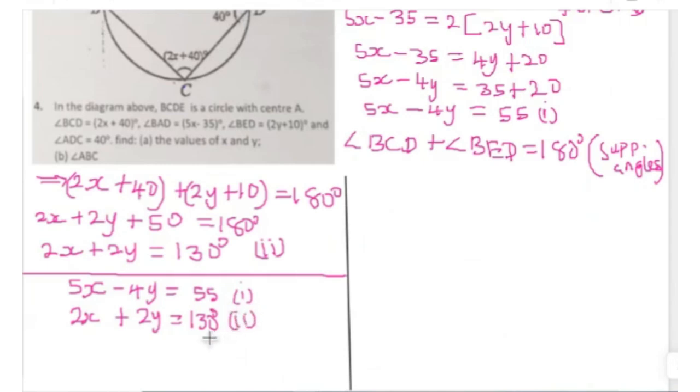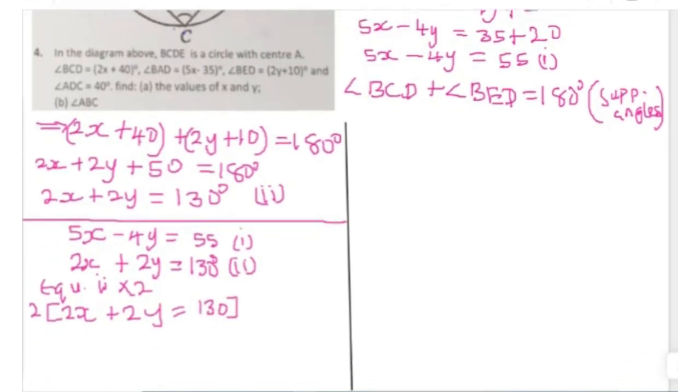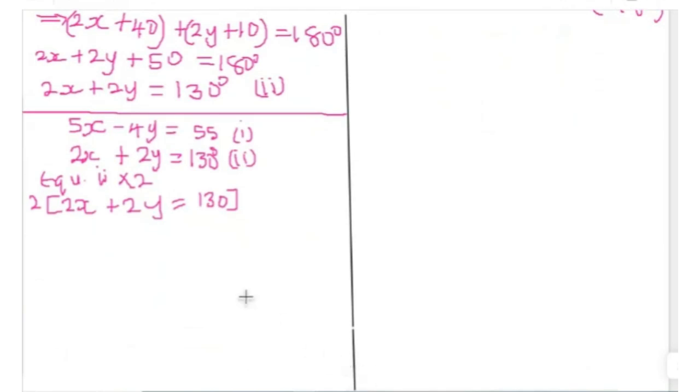Okay, so we need to eliminate either variable, so I want to use the elimination method. So I will say equation 2 times 2. Let's see what I get. Multiply everything there by 2: 2x plus 2y equals 130.